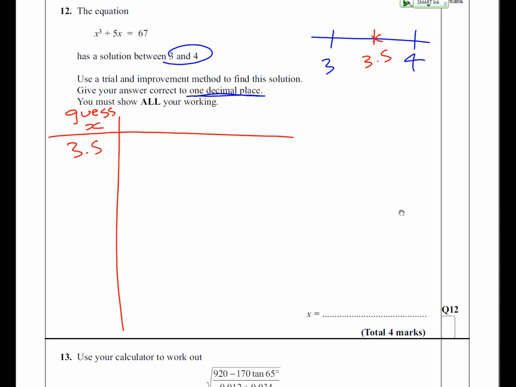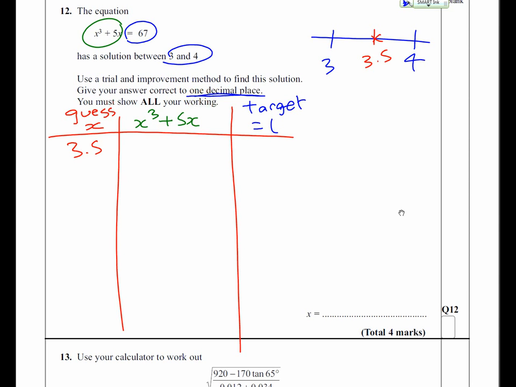Then we put it into our equation, which is x cubed plus 5x. We'll talk more about that in a minute. And then we see what our answer is, and we're aiming for our answer to be 67. So our target that we're trying to get to is 67. And we'll see if we're too high or too low.